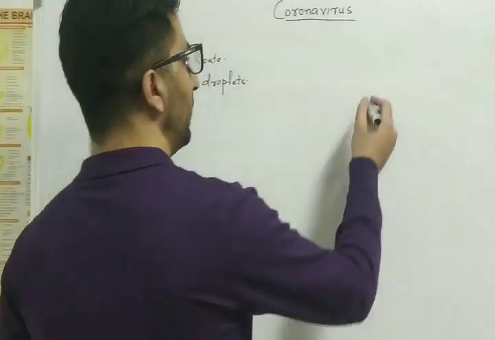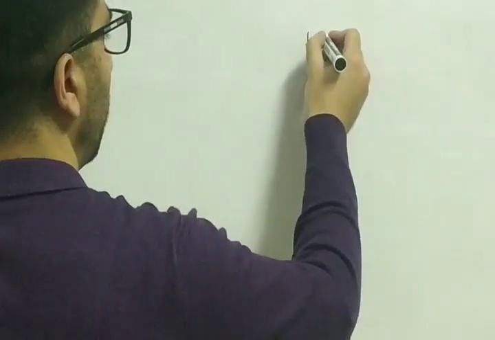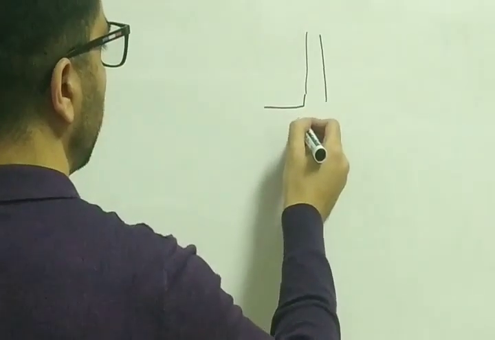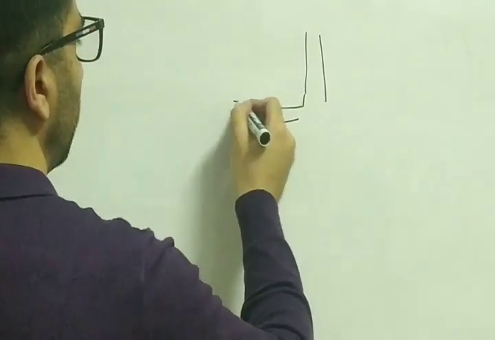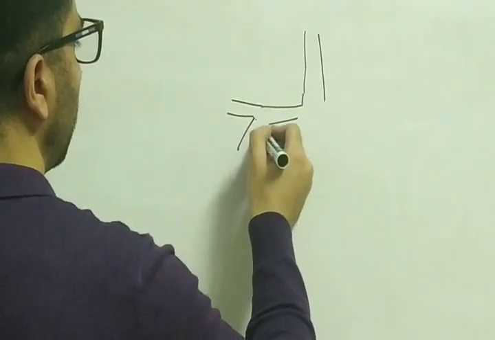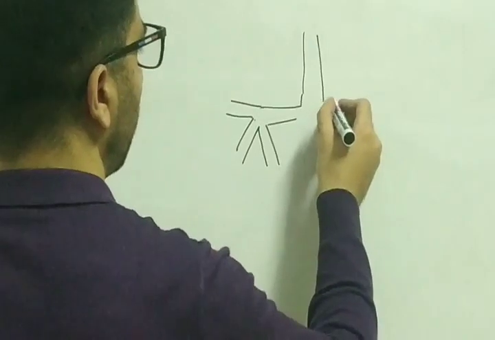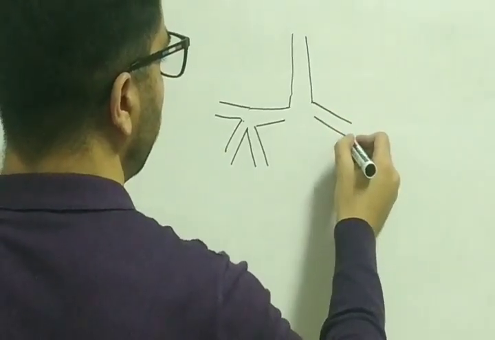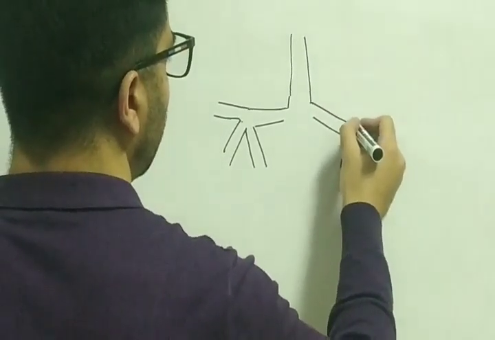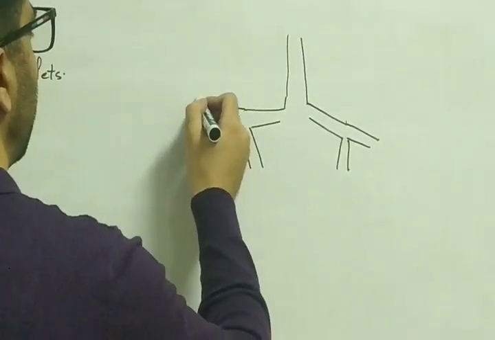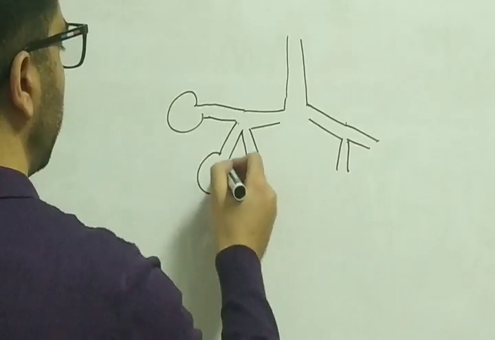So I will make it here. This is our respiratory system. I'll make it roughly here, in simple, rough language.